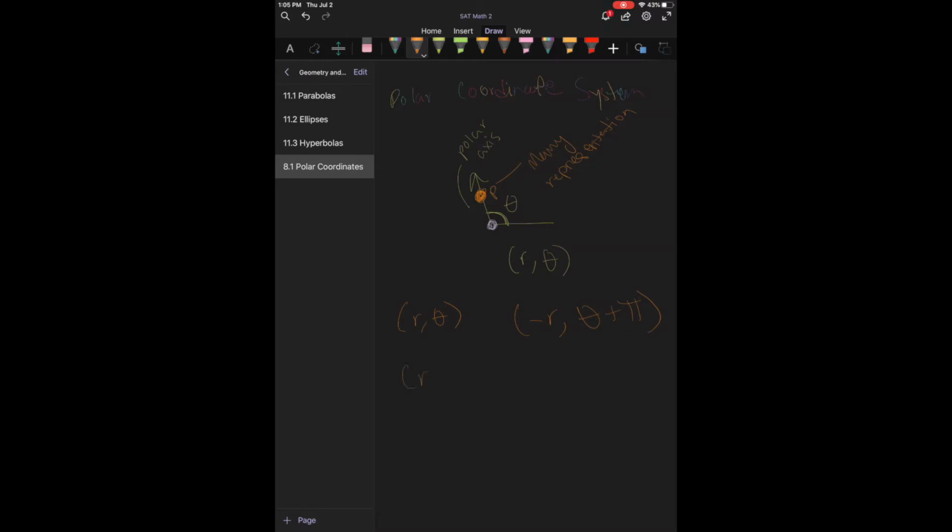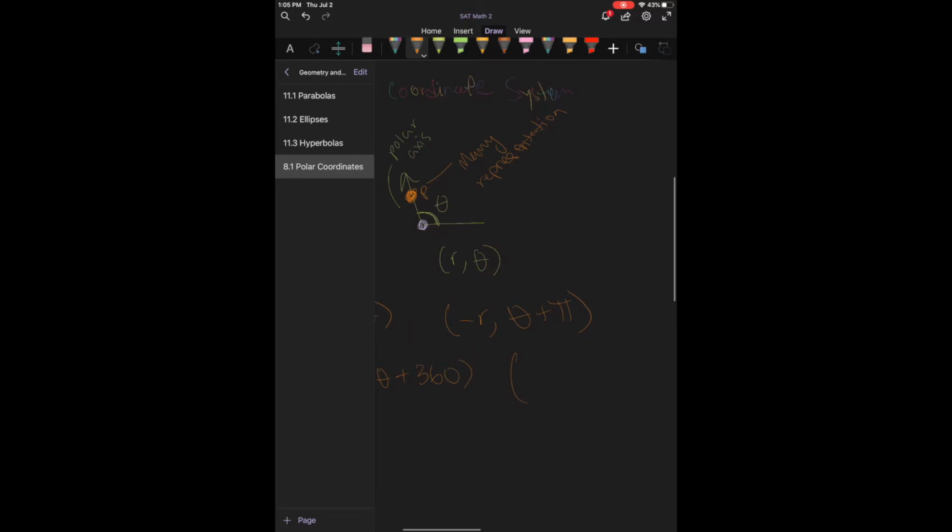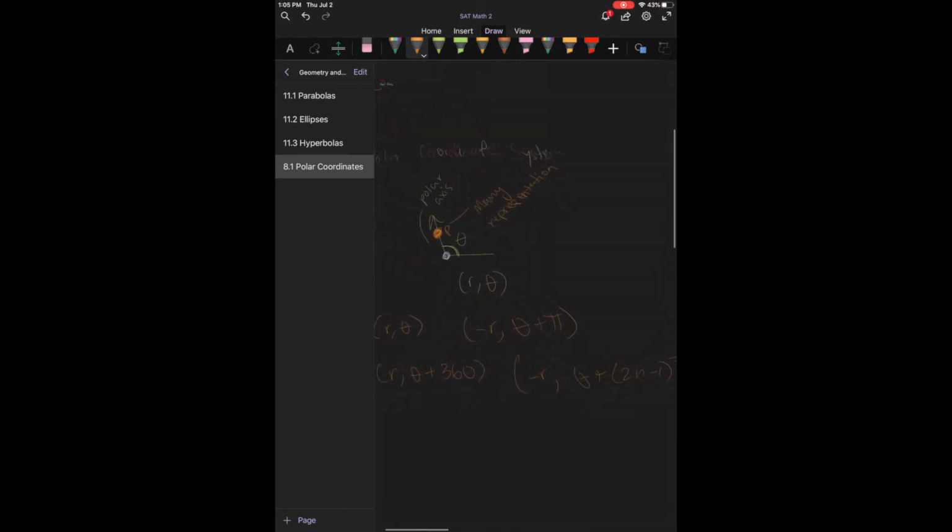Okay, you can do r and then theta plus 360, and any multiple of 360, in fact. And you can also say it's negative r and then theta plus 2n minus 1 multiplied by pi. Okay, so that's another way to represent the polar coordinate point right here.